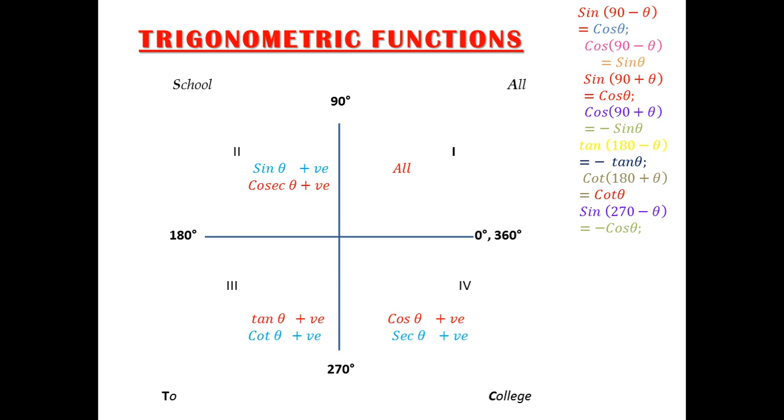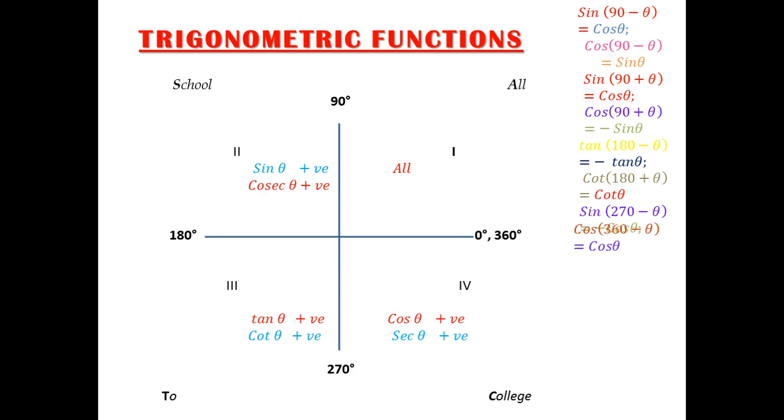So 270 minus theta is third quadrant. We have to change. Firstly, we have to check the sign. Here sine theta is negative in third quadrant. So our answer is minus cos theta, because sine theta is negative.